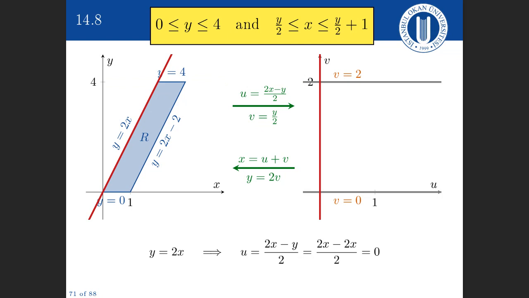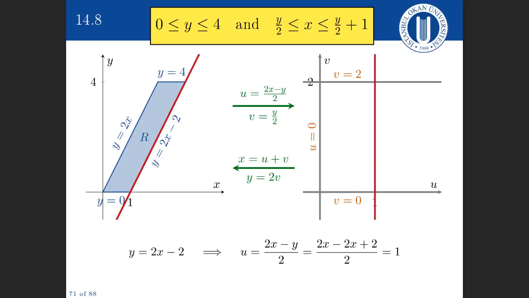That's the same as saying u is equal to 0. So over in the uv plane on the right, I'm drawing the line u equal to 0. And then there's one more line to do. We also need to do y is equal to 2x minus 2. That's the same as the line u equal to 1.